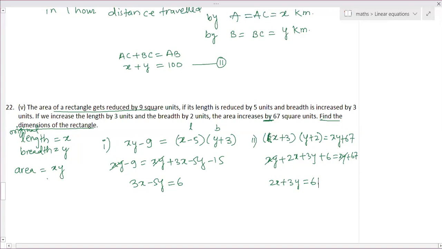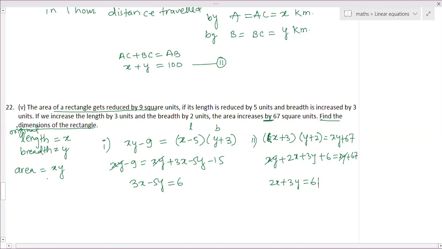Ma'am, length is 17 and width is 9. Yes, right. Ma'am, what is the y value? Y is 9.